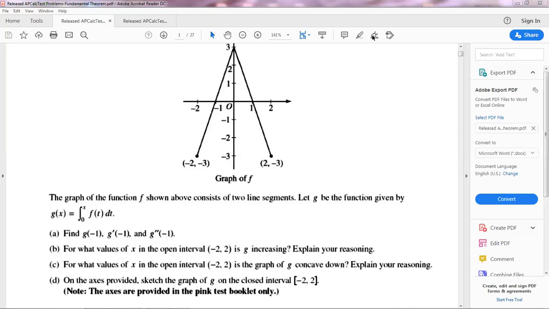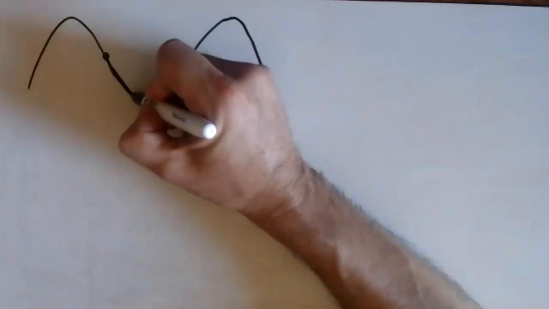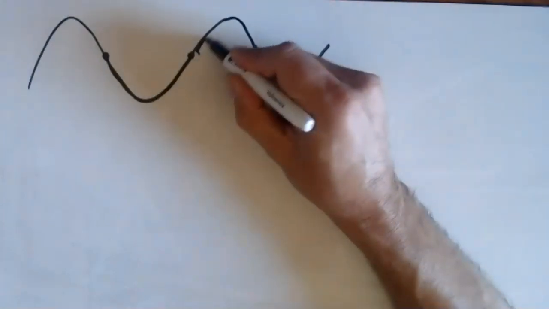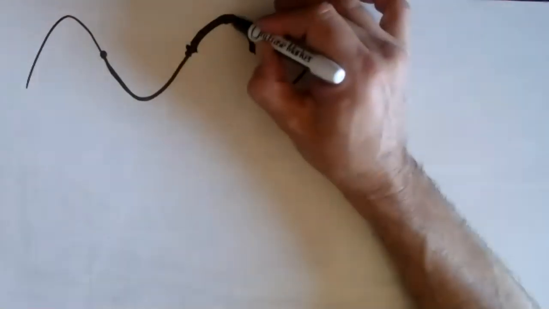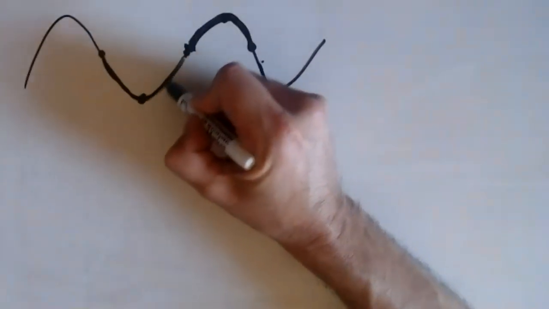Let me go to the board. So here the function is concave up, and here the function is concave down, correct? So here you have a max, here you have a min, correct? So the concavity is related with the min or with the max.